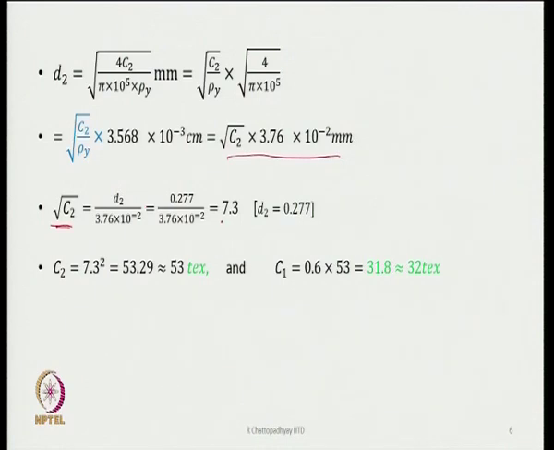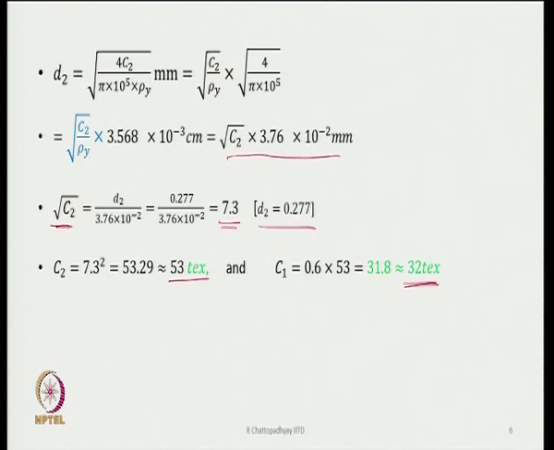It is going to be 7.3, because d 2 we have already calculated, which is 0.277, and therefore C 2 is going to be 7.3 square, that is 53.29, close to 53 tex, and C 1 is going to be 60% of it. So, C 1 is going to be close to 32 tex.